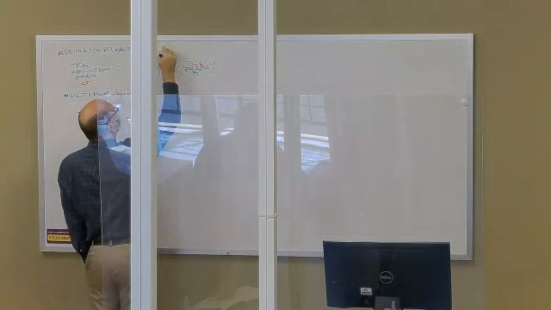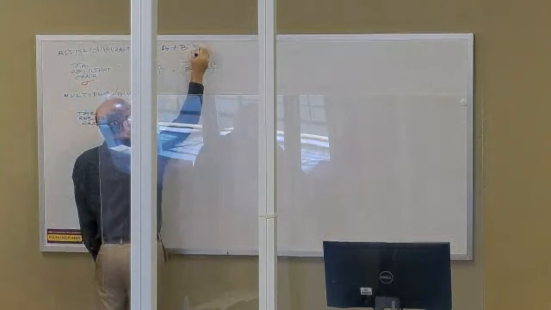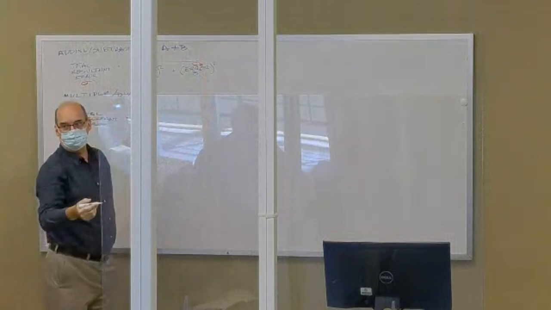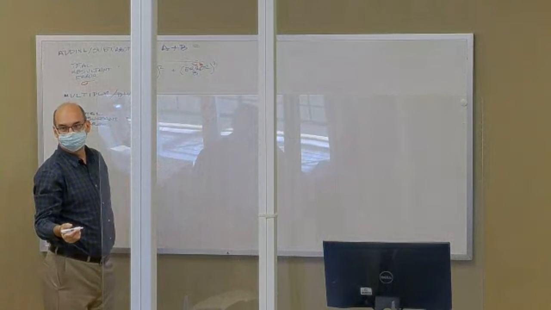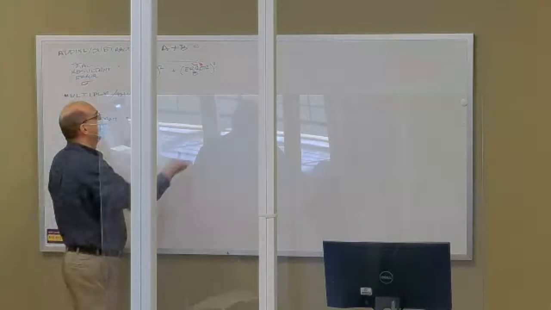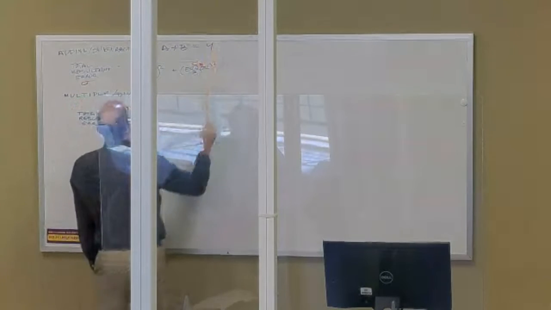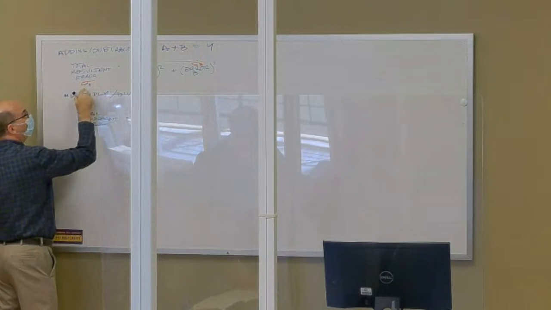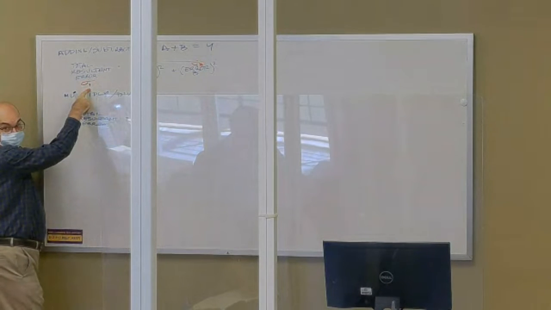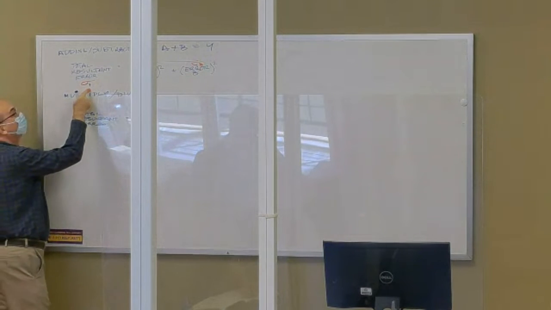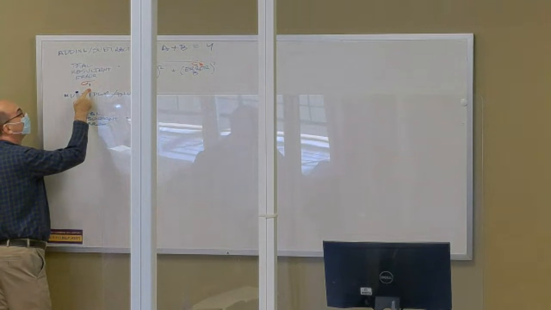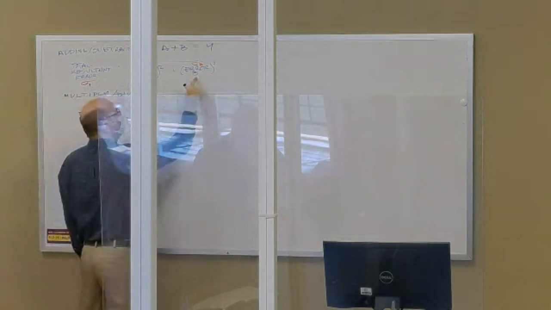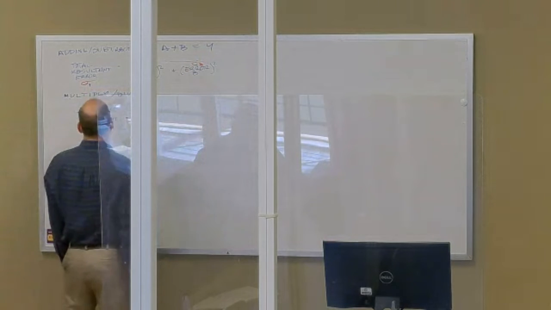So if this is just A plus B equals, you want to call it y, then the total resultant error in y is the error in A squared plus the error in B squared, all square rooted.